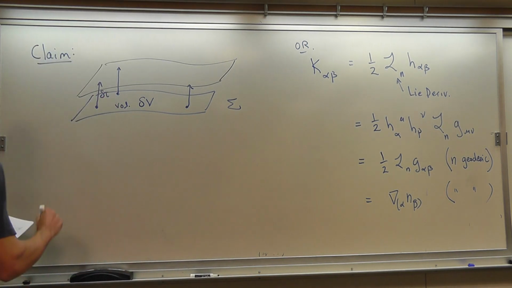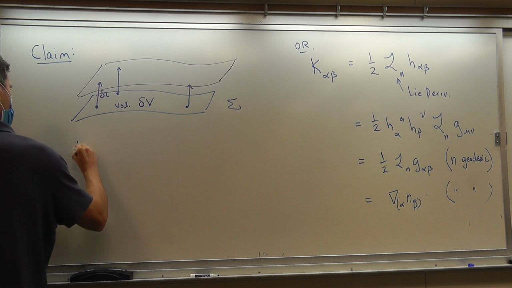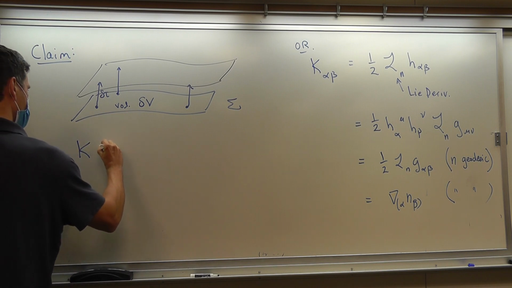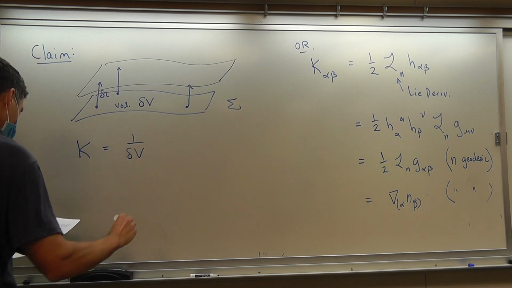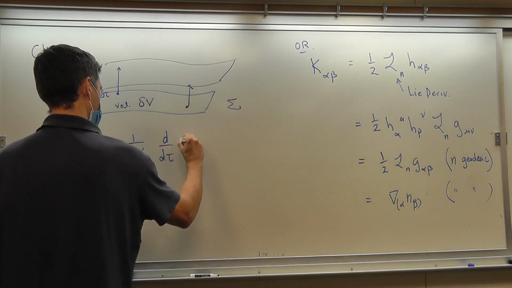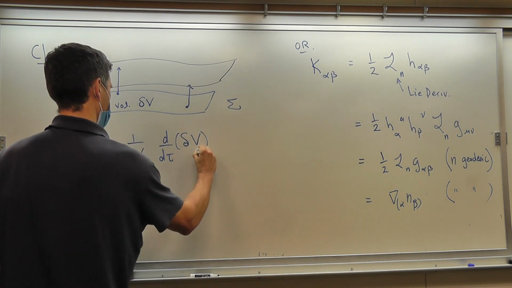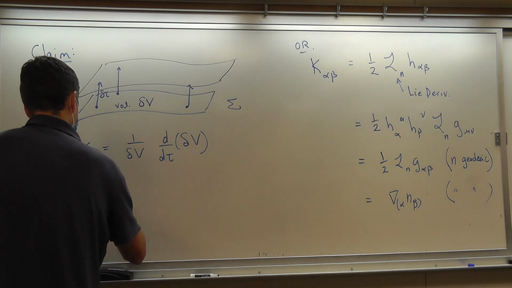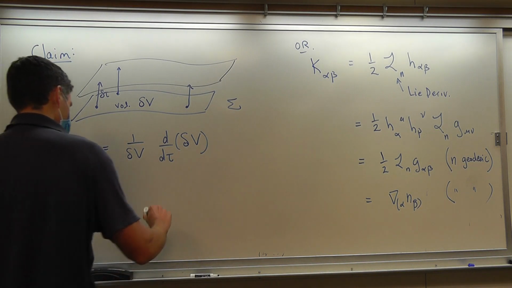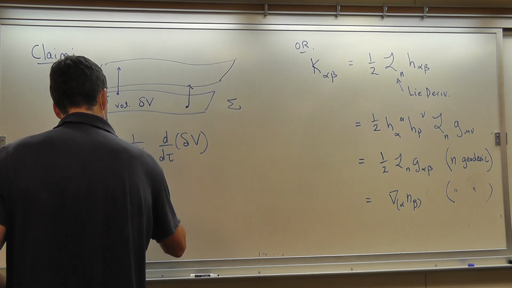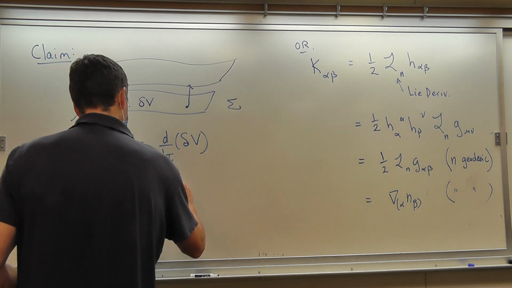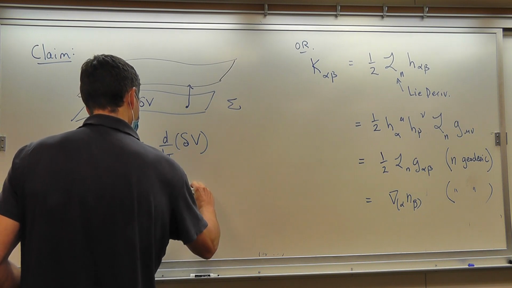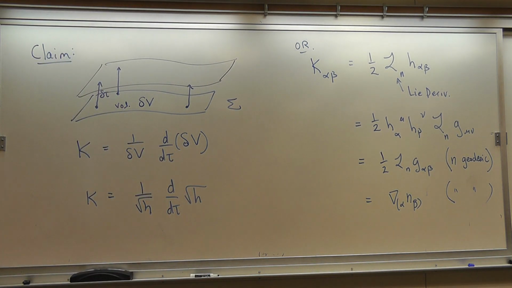Then the claim is that k, the trace of the extrinsic curvature, is (1/δV) d/dτ of δV. It's telling you how fast volumes are evolving in time. Maybe a more explicit formula here is that k is (1/√h) d/dτ of √h, where h is the induced metric on the hypersurface.